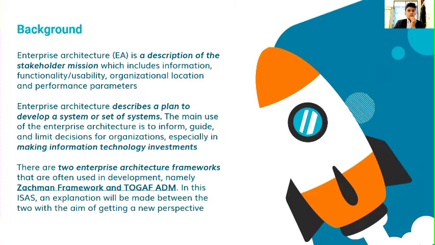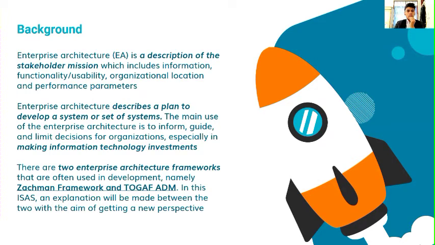Enterprise architecture, or EA, is a description of the stakeholder mission, which includes information, functionality, or usability, organizational location, and performance parameters. Enterprise architecture describes a plan to develop a system or set of systems.